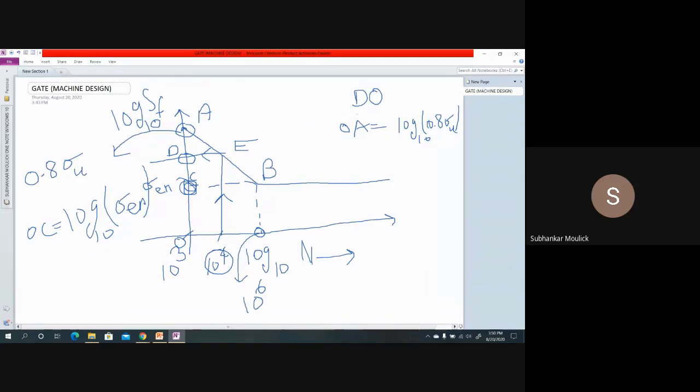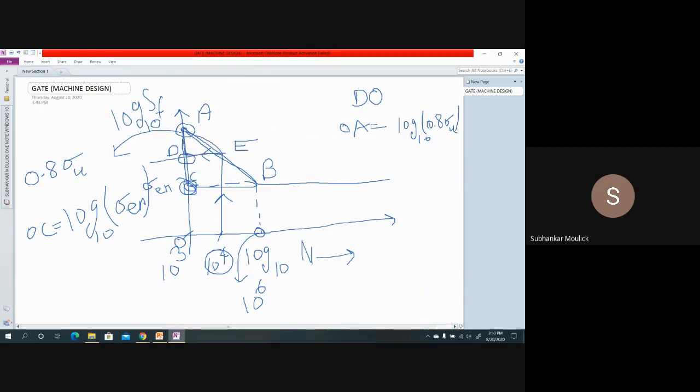Let us consider the triangle ADE and triangle ACB. Two similar triangles. That means this particular triangle ACB and triangle ADE.